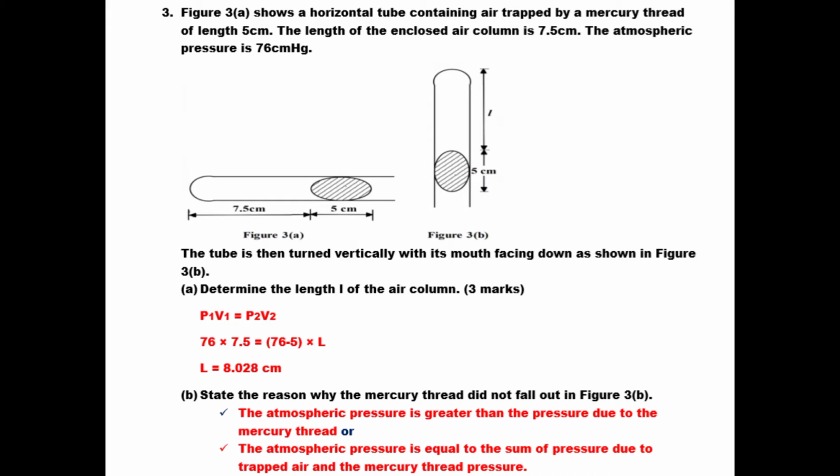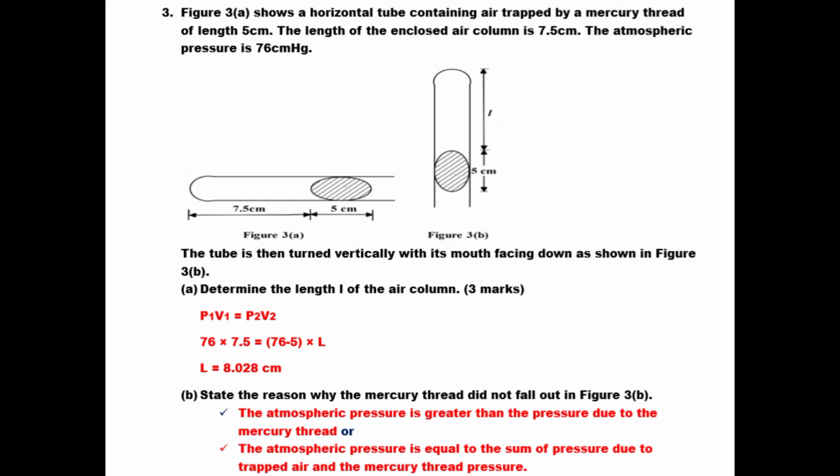That means it will be 76 times 7.5 is equal to pressure 2, which is atmospheric minus liquid pressure, that is 76 minus 5. Remember, one of the units of pressure is centimeters of mercury. So we are working with centimeters of mercury direct.